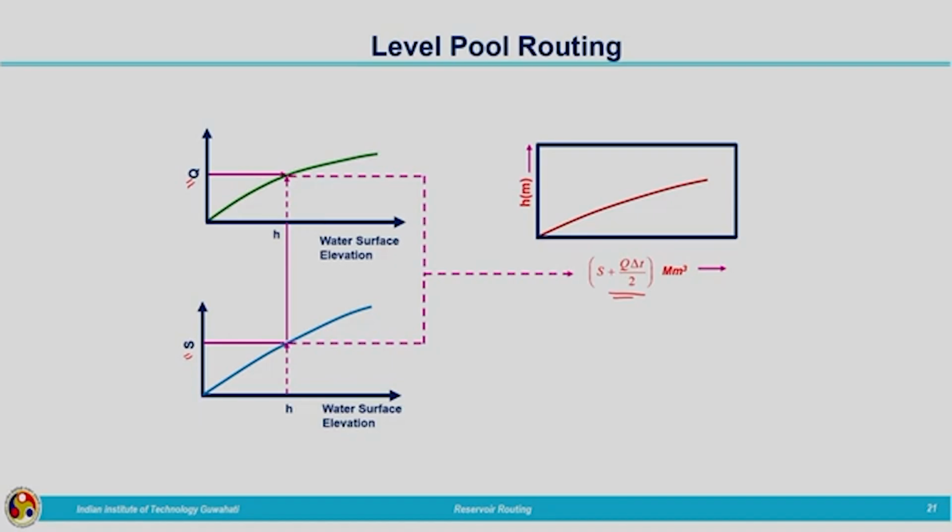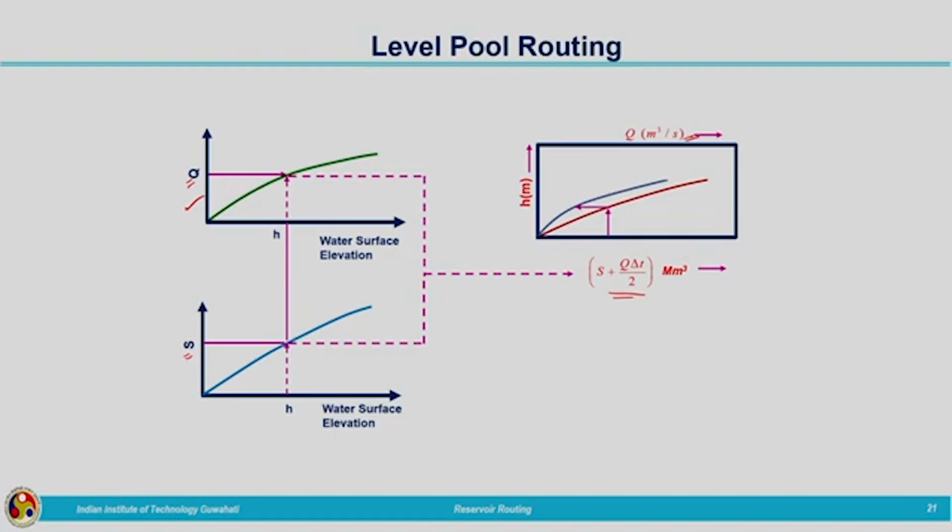The indicative discharge versus H will be plotted like this. And in the same curve, we will plot Q versus H, with Q along the x axis and H along the y axis. So, we will get an approximate curve like this, and the initial value of S plus Q delta t by 2 is known to us.